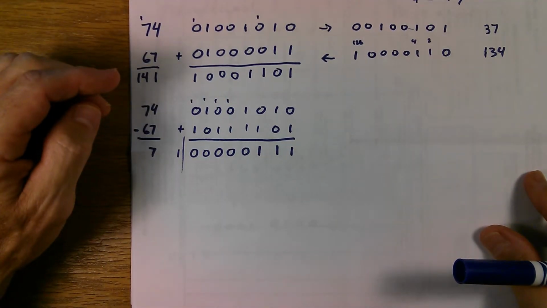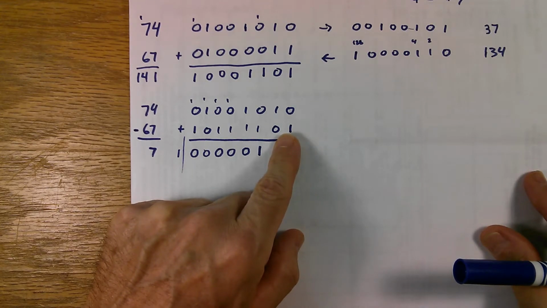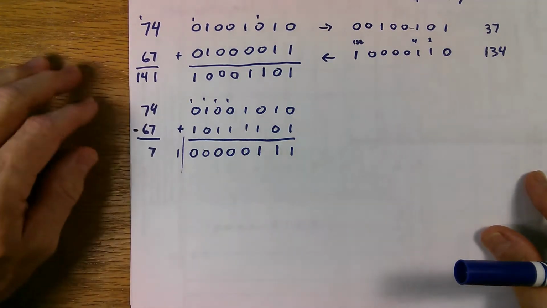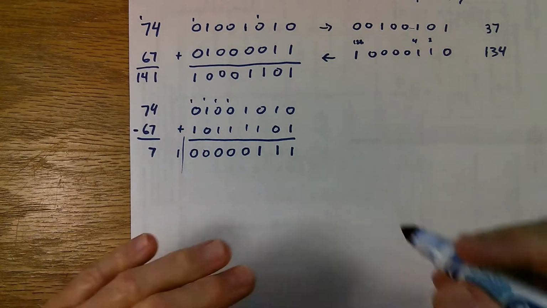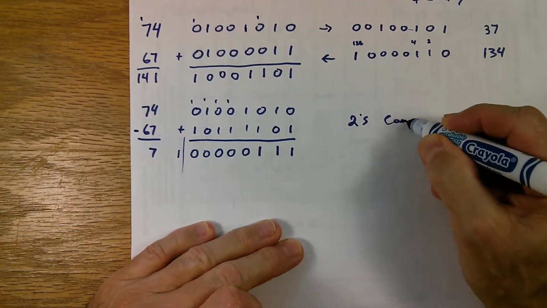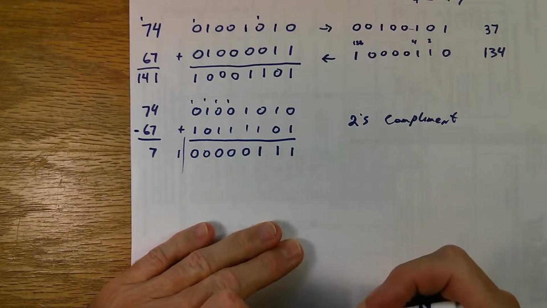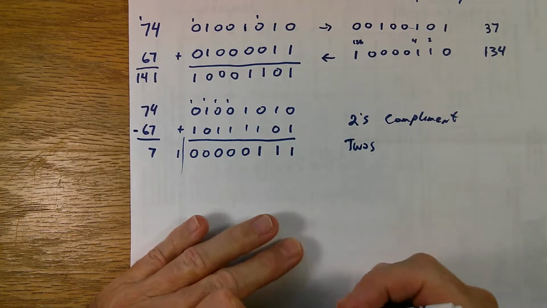Or, as I described to you, taking the negative of the number that you want to subtract and adding it to the first number that you're subtracting from. And I described the 2's complement, written down like that, 2's complement, or sometimes TWOS complement.